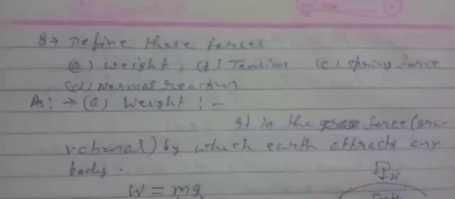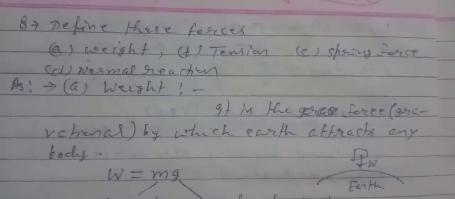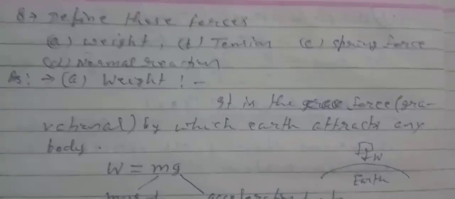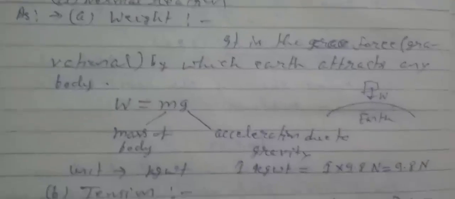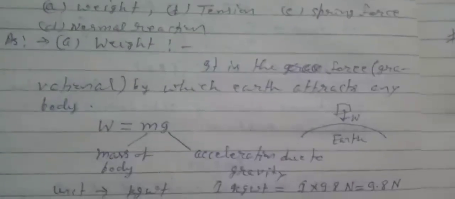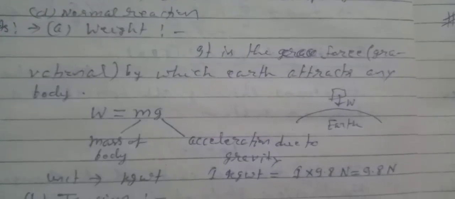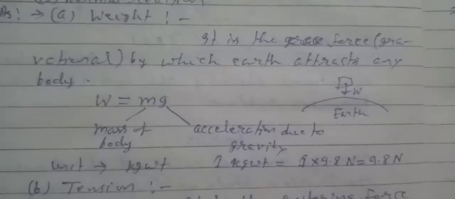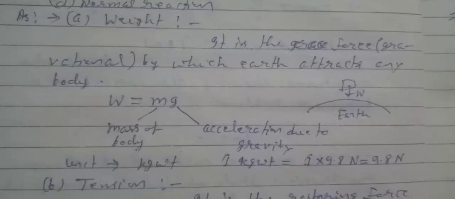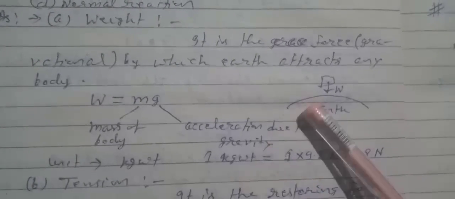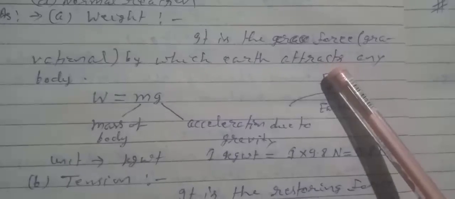Question. Define these forces: weight, tension, spring force, normal reaction. Answer A. Weight. It is the gravitational force by which the earth attracts any body. The situation is shown in the figure here. Earth, a body is here.